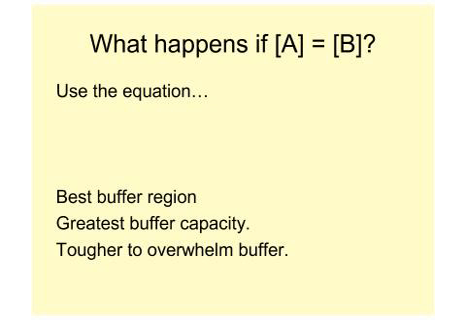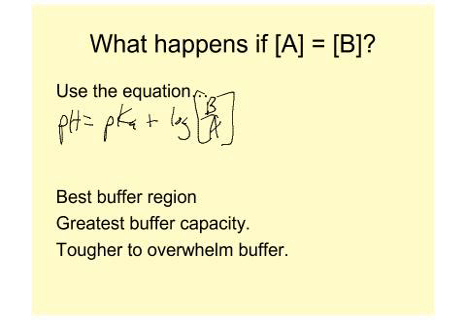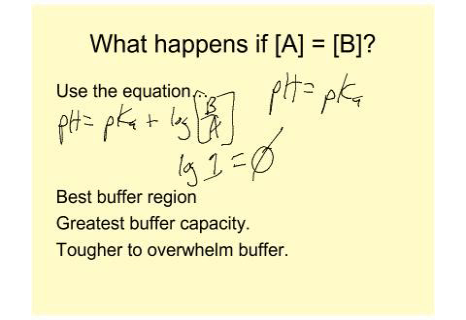Let's look at some examples of this. No, I'm sorry. What happens if A equals B? If pH equals pKa plus log base over acid, that means if A equals B, it would be plus log of 1. The log of 1 equals 0, so the big deal here is pH equals pKa.